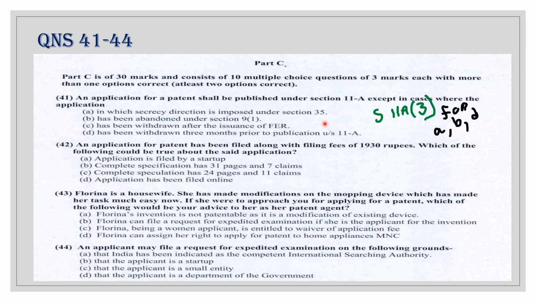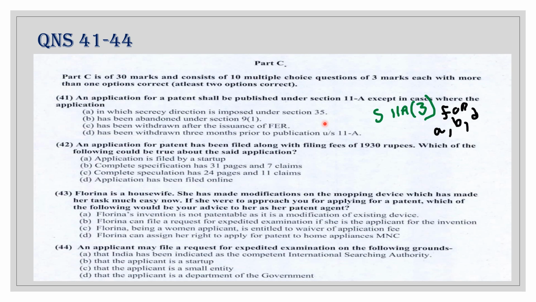What you can do is go to section 11A subsection 4, where it is mentioned that in case a secrecy direction has been given in respect of an application under section 35, then it shall be published after the expiry of the period prescribed under subsection 1 or when the secrecy direction has ceased to operate, whichever is later.